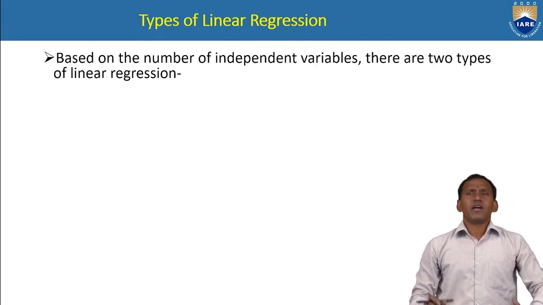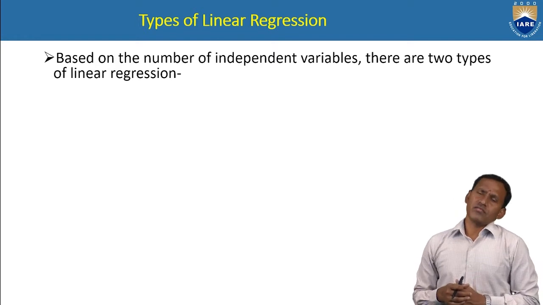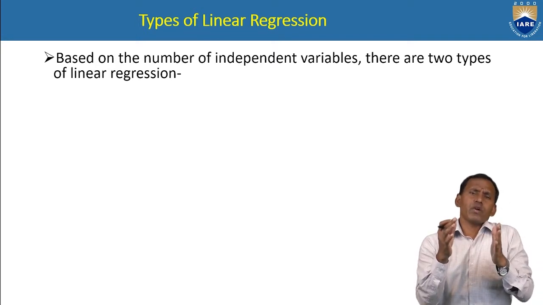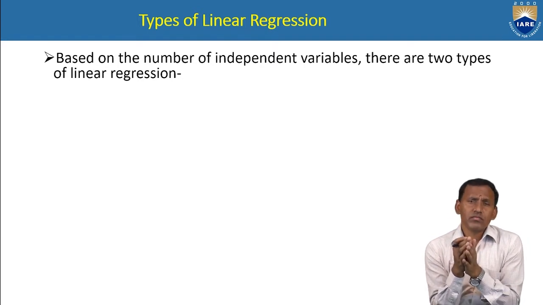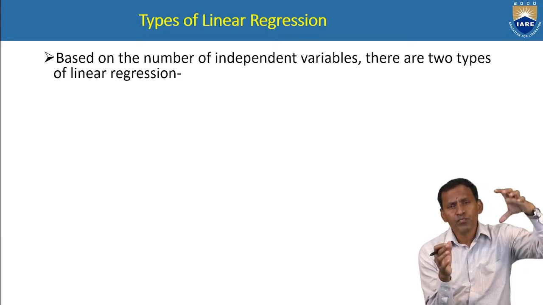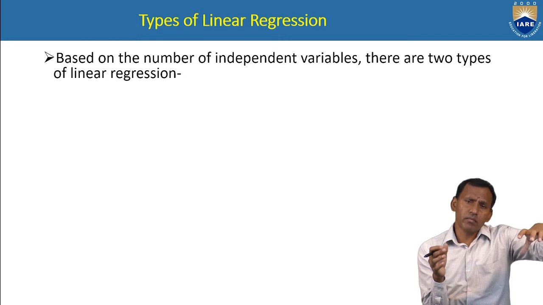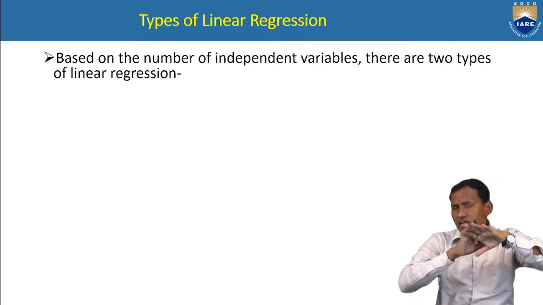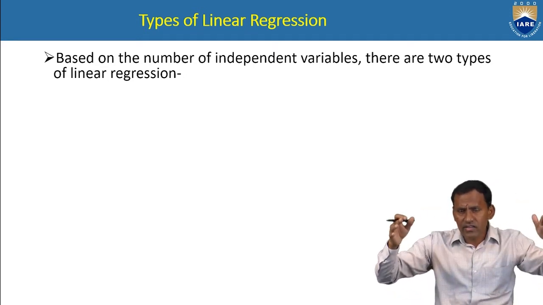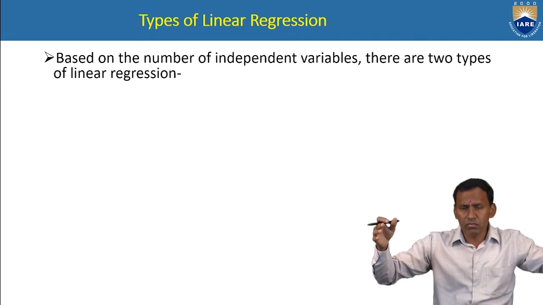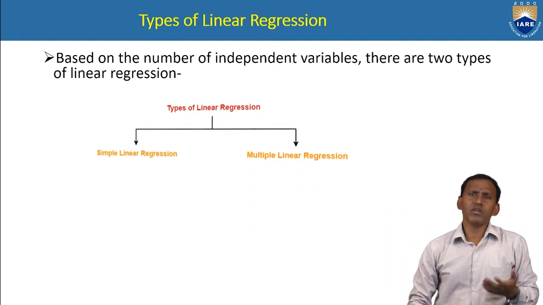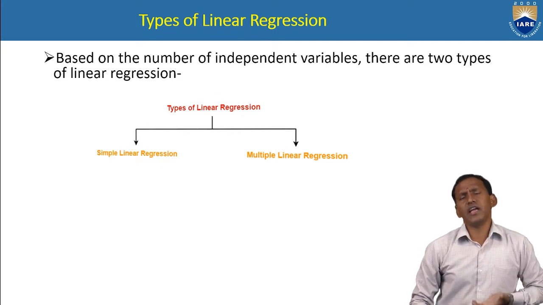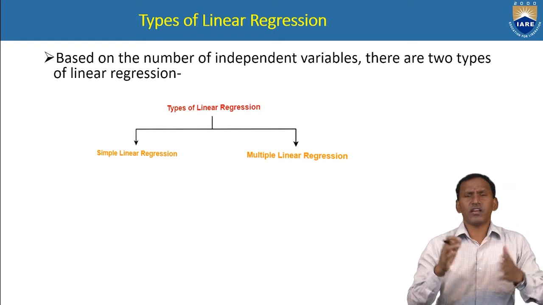Now coming to the types of linear regression. Based on the number of variables affecting the dependent variable, the outcome, we can divide linear regression into 2 types. The first one, simple linear regression, and the second one, multiple linear regression.